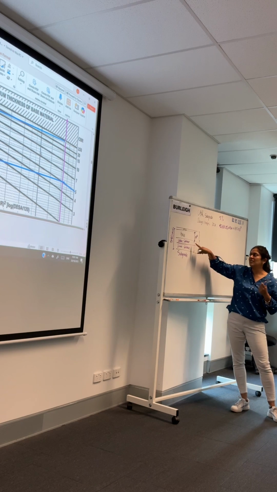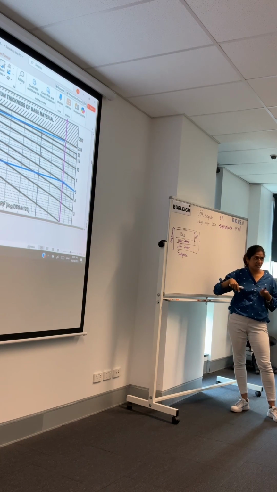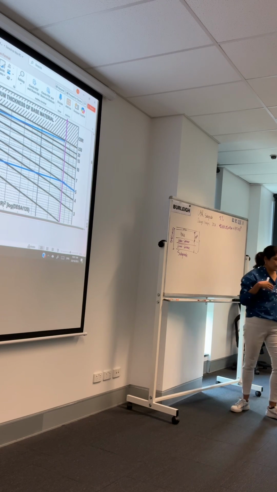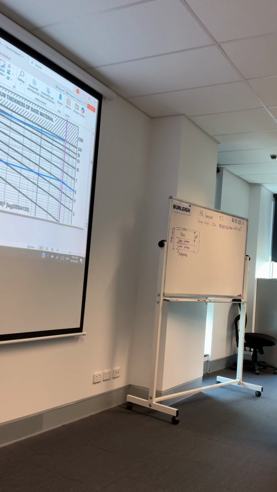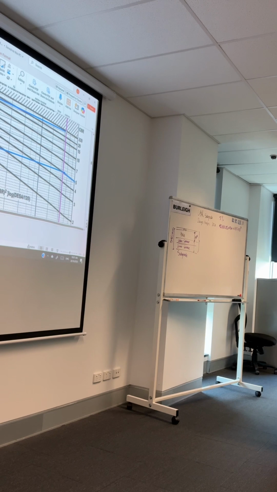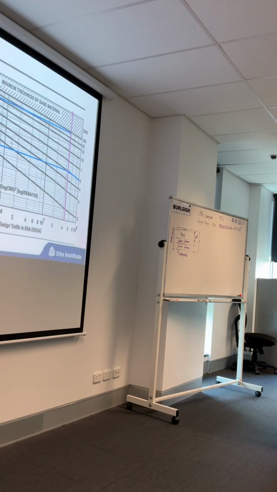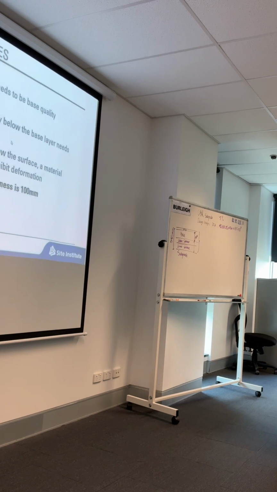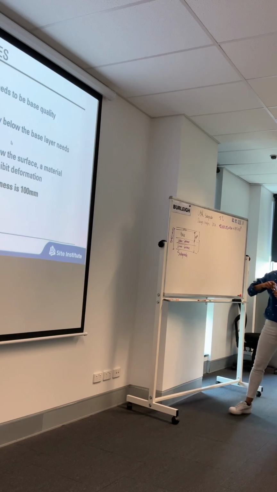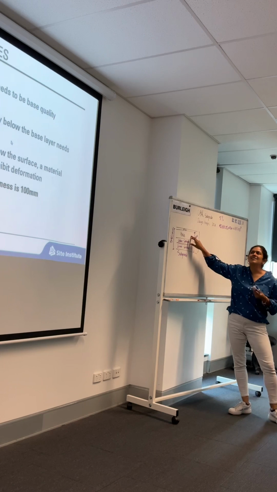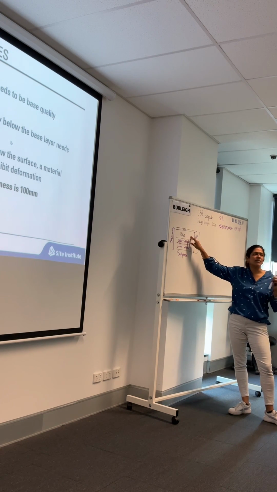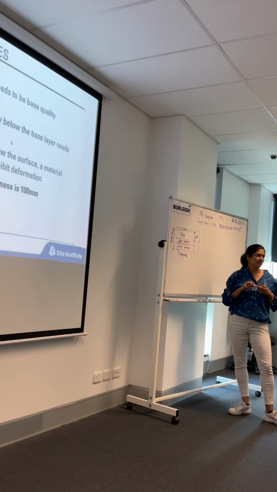We need to know the thickness of the upper subbase, and the thickness of the lower subbase. To do that, we need to follow some rules. So what rules do we need to follow? Check here. These rules. First rule. The base that we are going to put needs to be a material with a CBR of at least 80%.